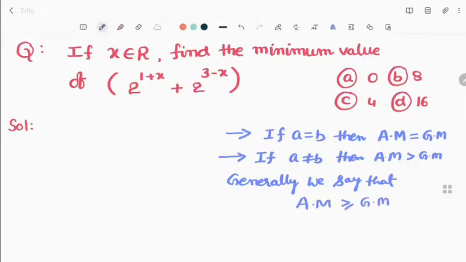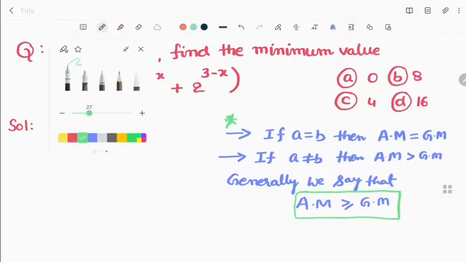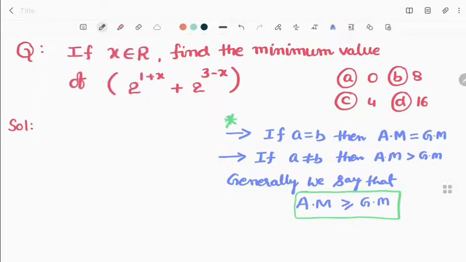Both conditions we are applying there. So this is the important condition regarding arithmetic mean and geometric mean. So how we are going to apply it for this? Clearly I will explain here.